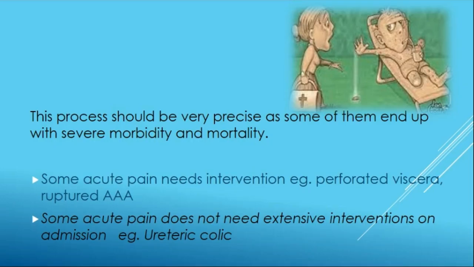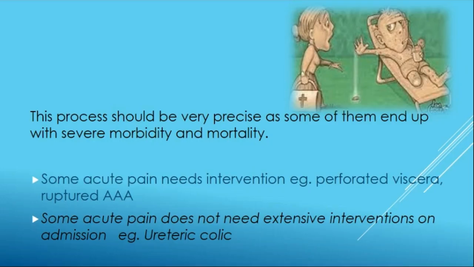In the meantime, sometimes patients come with severe abdominal pain, and when you see the patient, it's really exciting, but they might have ureteric colic and need only simple analgesics. We can leisurely investigate the patient. That is why our assessment process should be very precise.